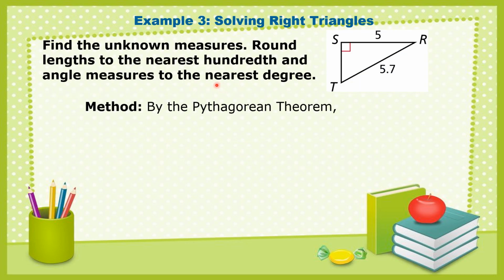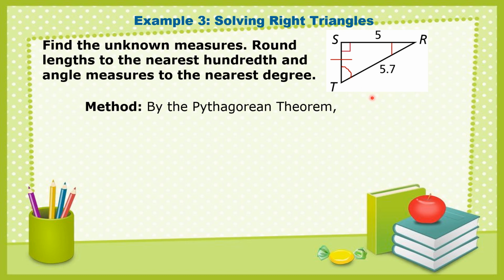Example, solving a right triangle given two legs. Our unknown here is the missing leg, and two angles, angle T, angle R, and segment ST. In order for us to find the measurement of segment ST, we need to use the Pythagorean theorem.